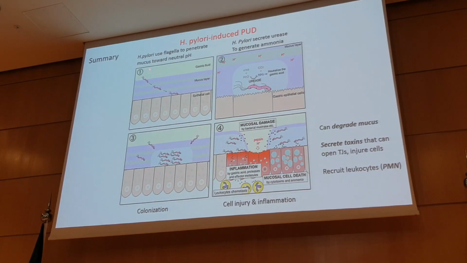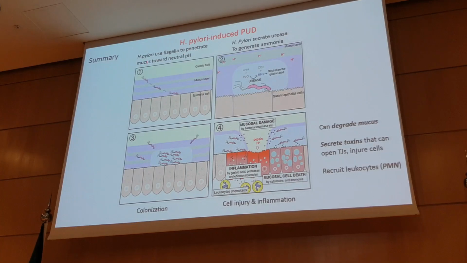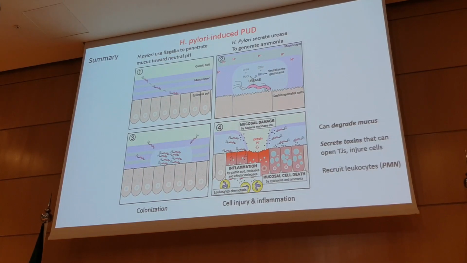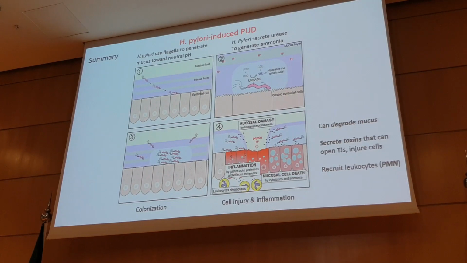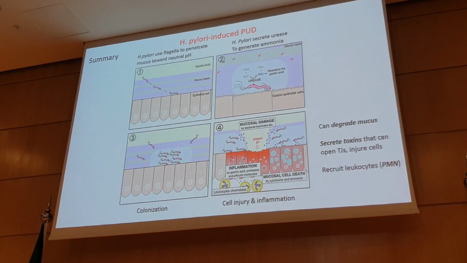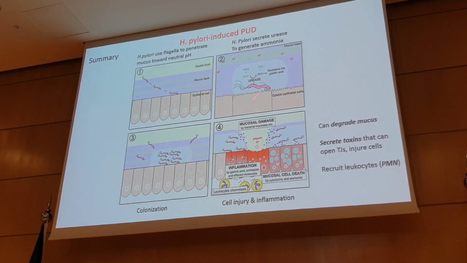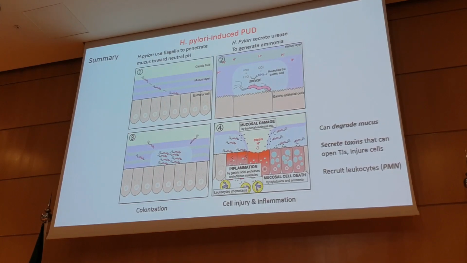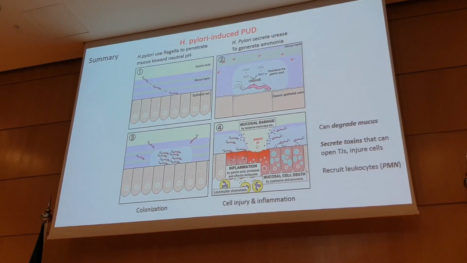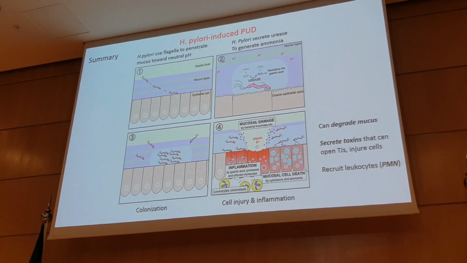Again, I didn't draw this. It's cute. They use flagella to go toward the neutral pH. We know that. They have a spatial orientation. They know where to go. If they had flagella that didn't have the spatial orientation, they could go here, back up, but they head for the neutral pH, which is at the epithelial lining, okay? Then they have adhesion molecules, which interact with epithelial cell cognate receptors, okay?